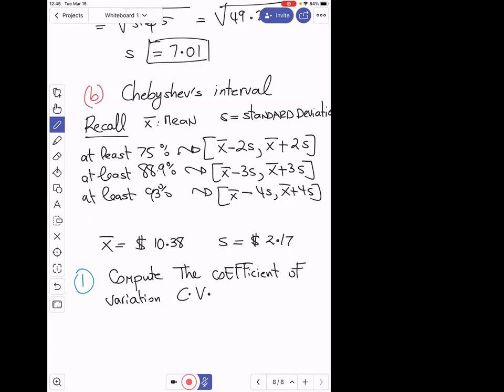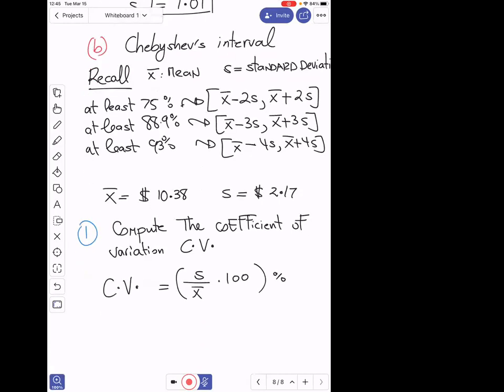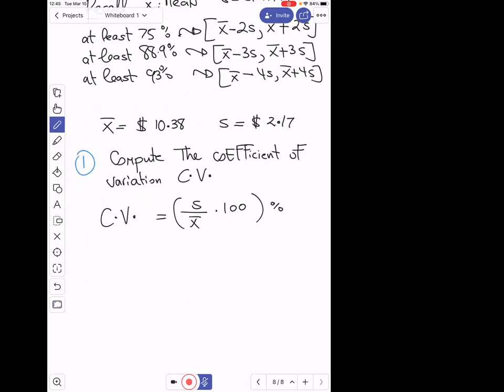So CV stands for coefficient of variation. Just to remind you, the formula is s divided by x bar, times 100, and then percent. In this example, s is 2.17 over x bar, which is 10.38. All we have to do, guys, is divide 2.17 by 10.38 and then multiply by 100.